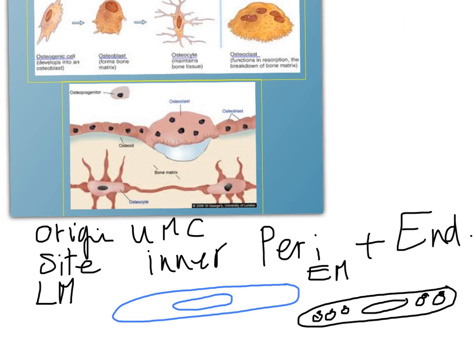As regards the functions, they are responsible to give rise to the osteoblast, the bone-building cell, and also they can give rise, in areas of poor vasculature of the bone, to the chondroblast.